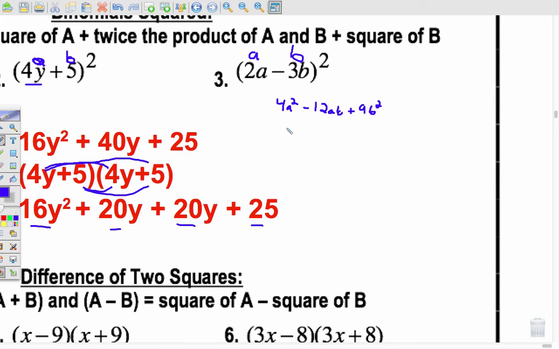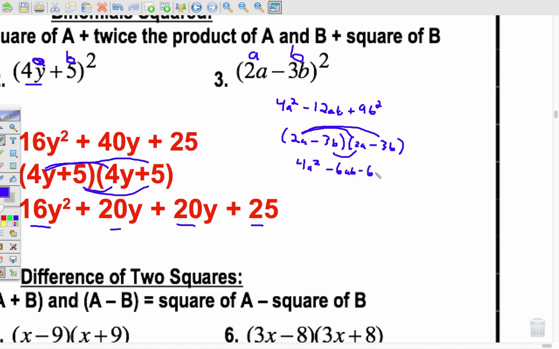And if we wrote it all out, 2a minus 3b times 2a minus 3b, distribute this out, you get 4a squared. Do this, you have negative 6ab.